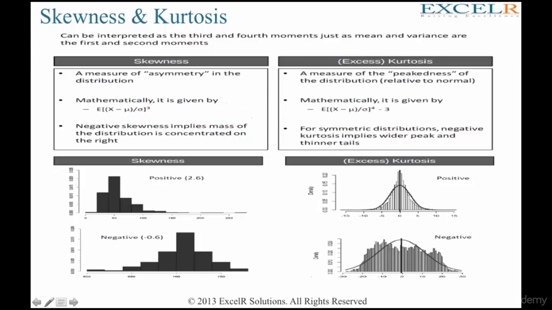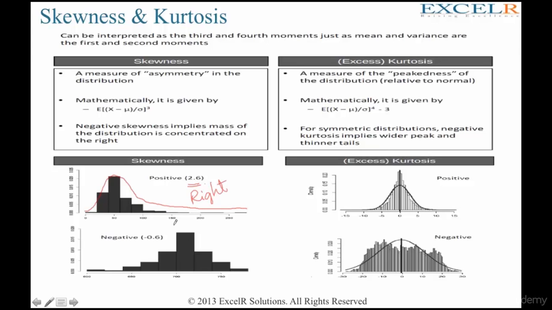Alright. E is called the expected value, which is nothing but you take the summation of these. Now, if you get a positive skewness value, that means it is positively skewed or right skewed.